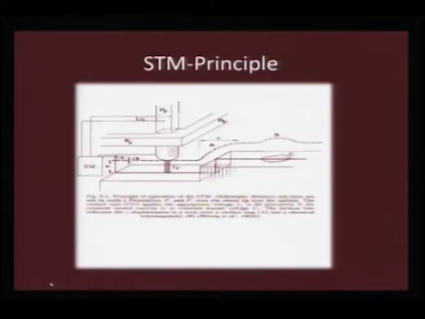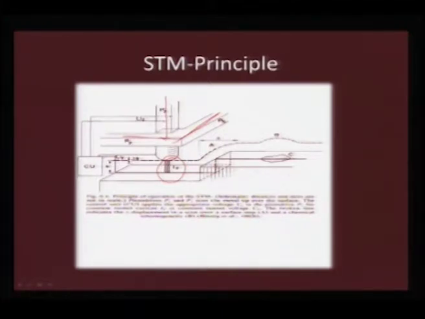The principle of operation of this STM is given in this cartoon, where you can see that this tip is mounted on a piezoelectric table with the XY arms. So, you have X, Y and Z position. This piezoelectric table can move the tip in the XY direction, and the Z direction is given for the tunneling to be established.